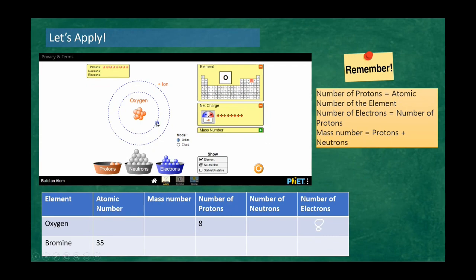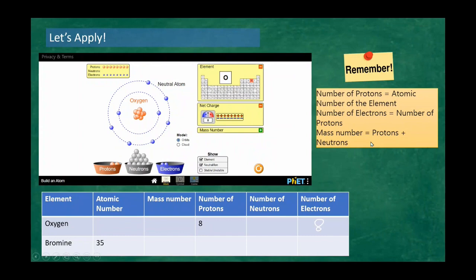So let's add electrons here: 1, 2, 3, 4, 5, 6. Okay, there we go. So now we have a neutral atom. So that is why it's called a neutral atom.